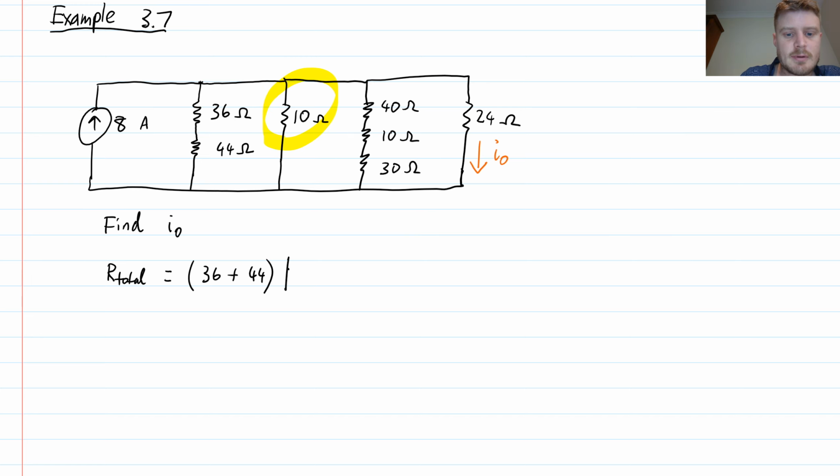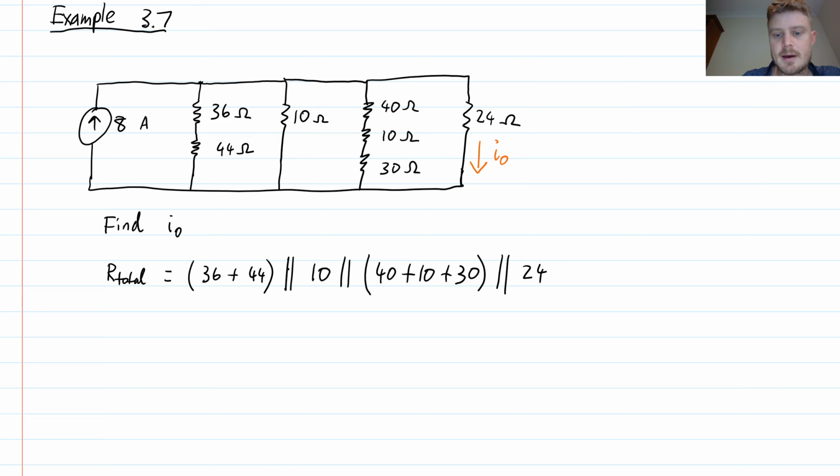And so I will write that this is in parallel with 10 ohms. So I use the two bars to indicate this concept of being in parallel with. Looking at my next branch, that's 40 plus 10 plus 30, because these ones are in series, and that's also in parallel with 24. So I can now go through and simplify this.